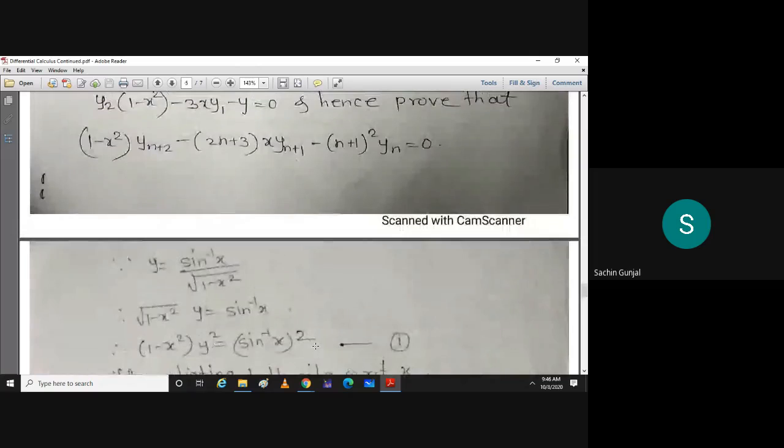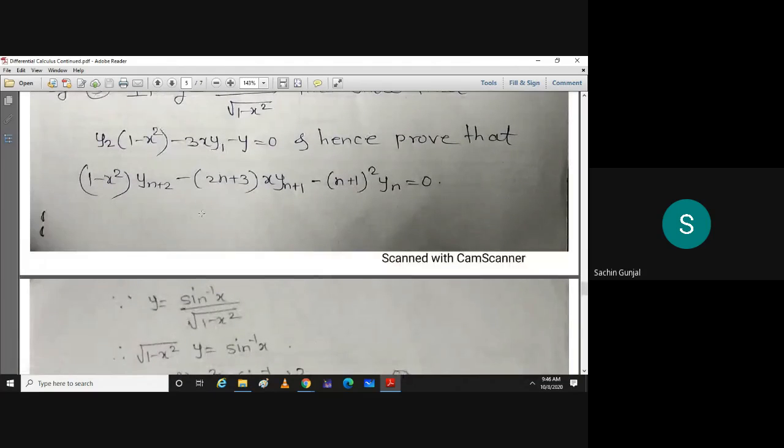Now the last point: how do we obtain this, 1 minus x square y n plus 2 minus 2n plus 3 x y n plus 1 minus n plus 1 bracket square y n equal to 0? Any smart answer? Can you please repeat the question?